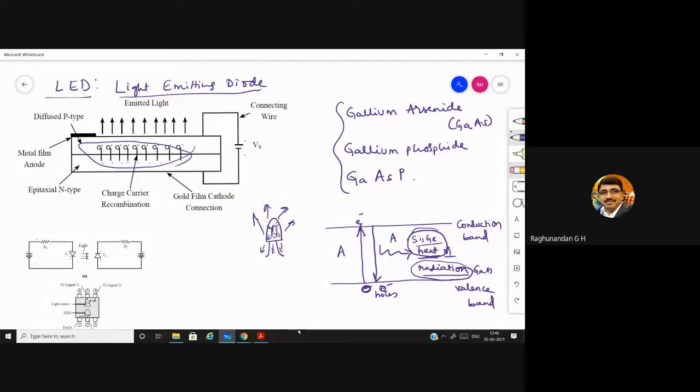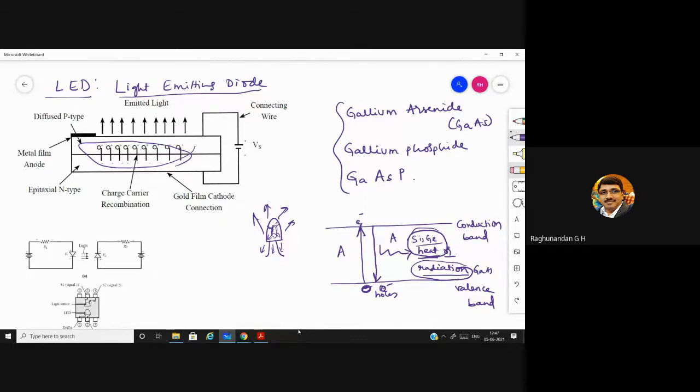Because the more light is emitted, that is good for us, because that much stronger or that much better quality or clarity we will have, right? So that's why we'll be connecting this in a forward bias condition. But the photodiode will be connected in reverse biased condition.